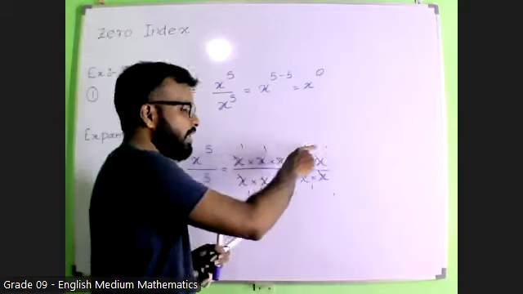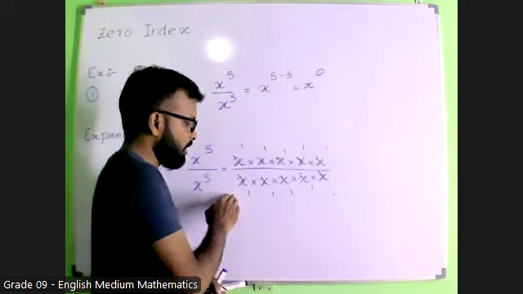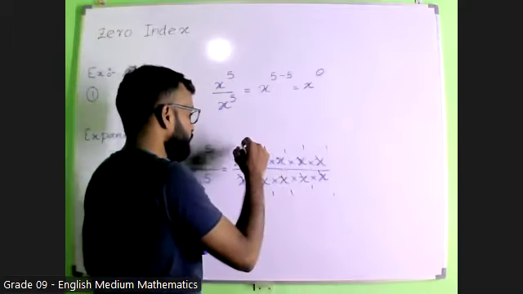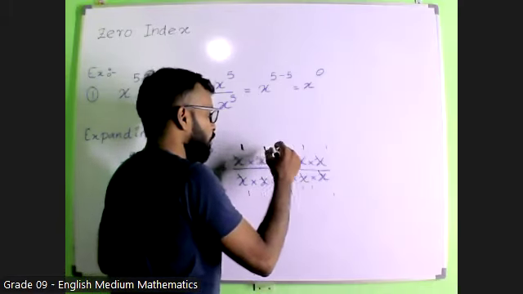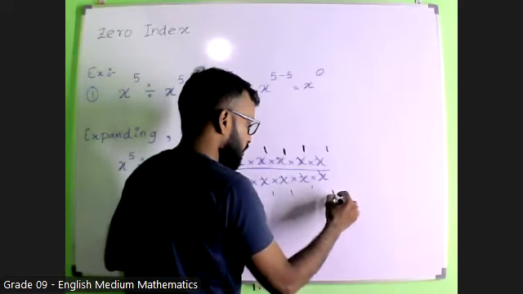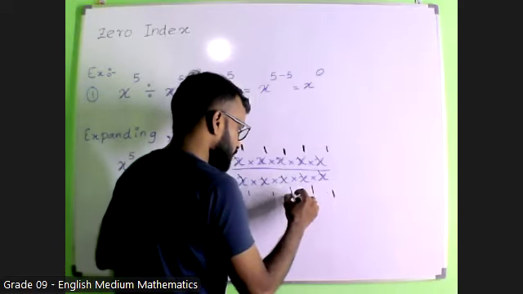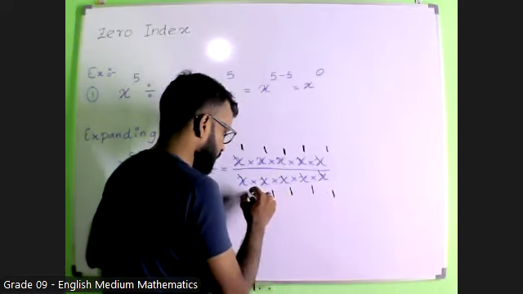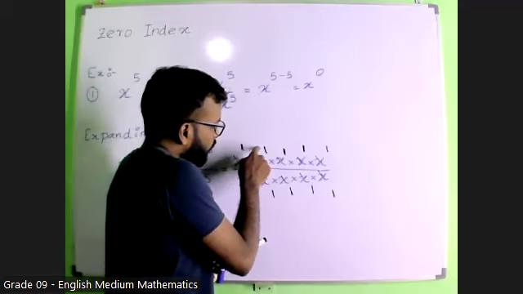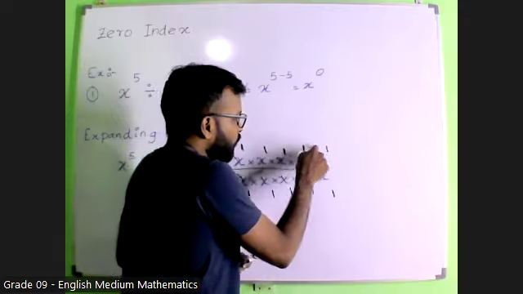So in the numerator we have only ones, in the denominator we have only ones. So 1 into 1 into 1 into 1 into 1.